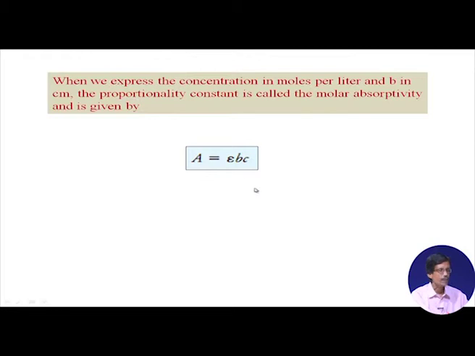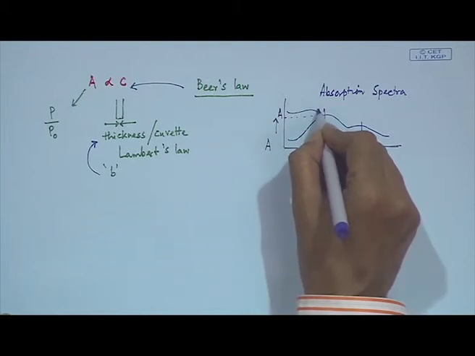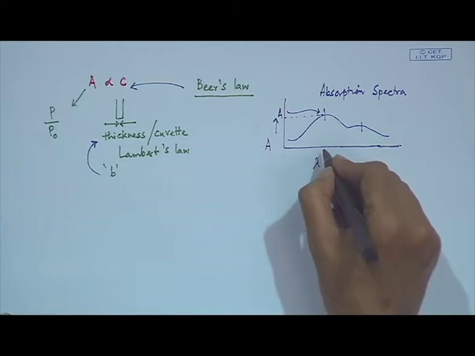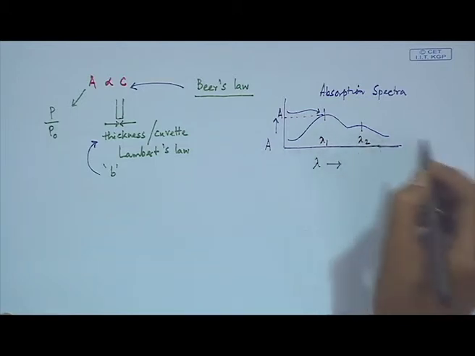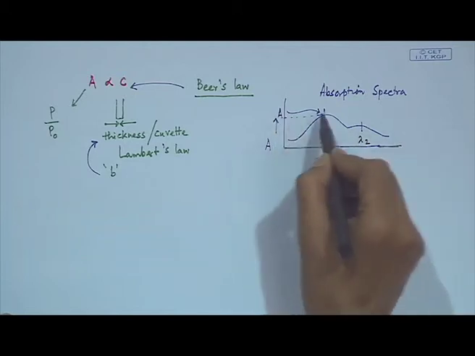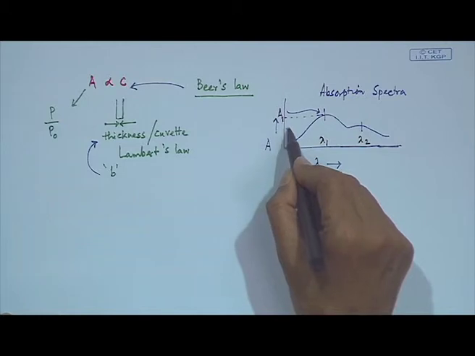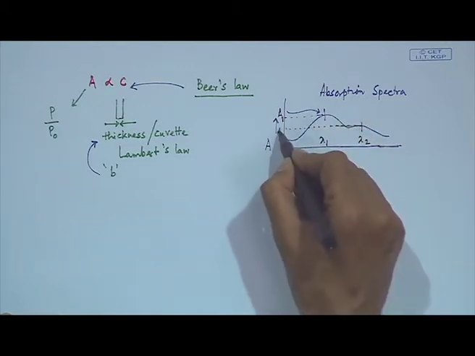At that particular lambda value, you have the maximum absorbance. So, if you take this as the corresponding value, this is the A value, the A corresponding to this lambda value. If we consider this as lambda 1 and this as lambda 2, this will be A 1, and the second one we get over here will be A 2.